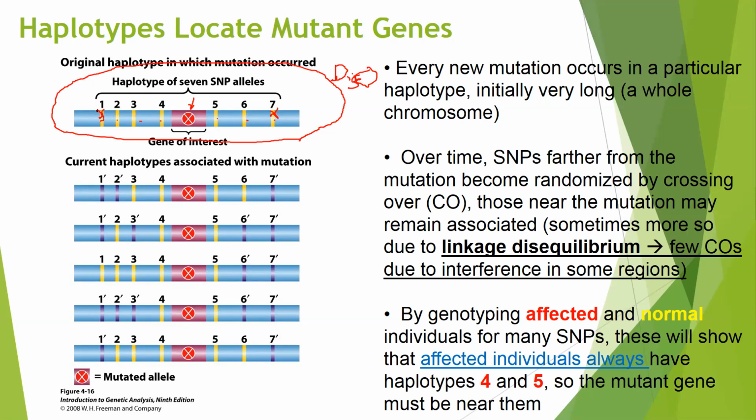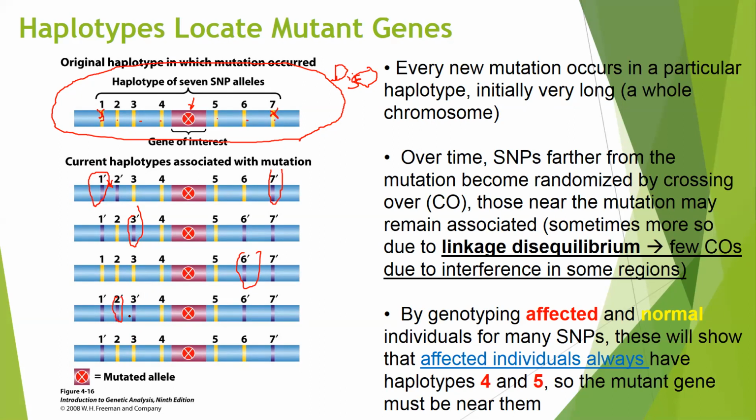Because marker number 1 is so far removed from this gene, it's easy for crossing over to occur between marker 1 and the gene. So you're going to see change: a random association between marker 1 and this gene, and the same for marker 7, and also for markers 3, 4, 6, and 2.